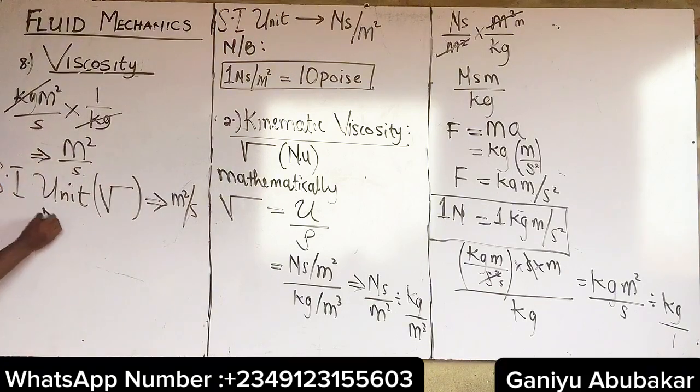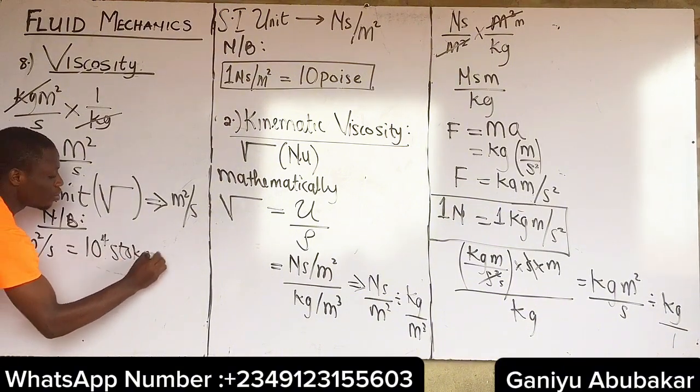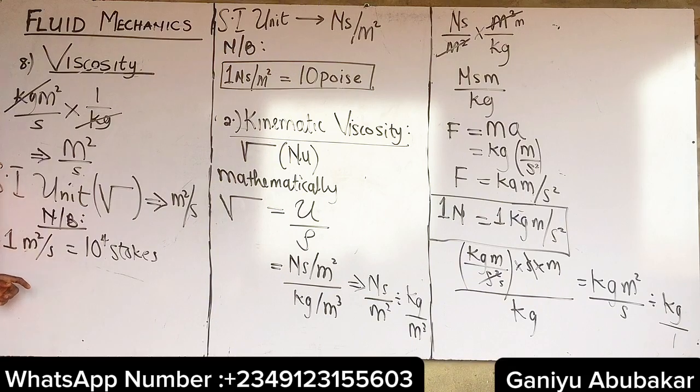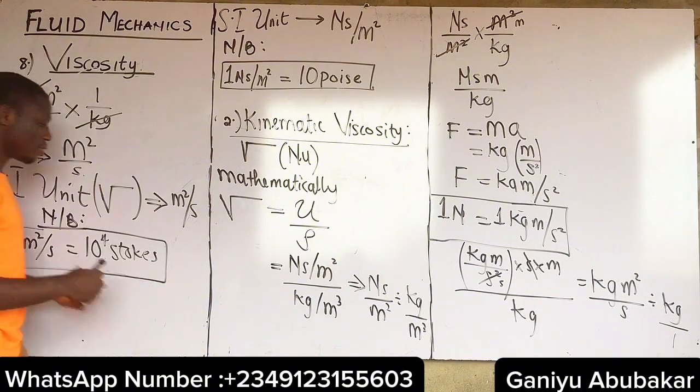So note that 1 meter squared per second is equal to 10 to the power 4 Stokes. So to convert meter squared per second to Stokes, multiply by 10 to the power 4; to convert Stokes to meter squared per second, divide by 10 to the power 4. That's the concept behind this. Very, very important, please.